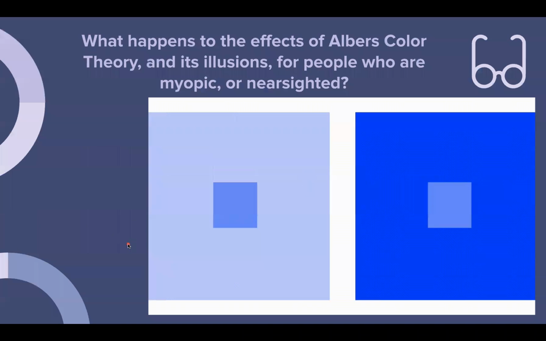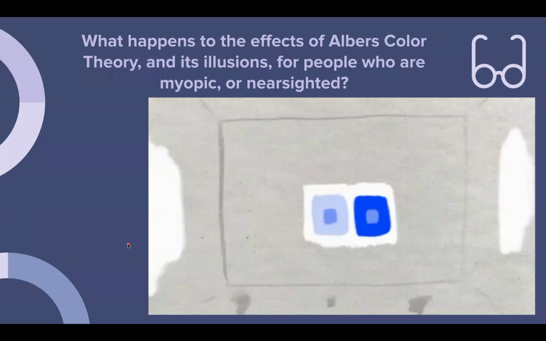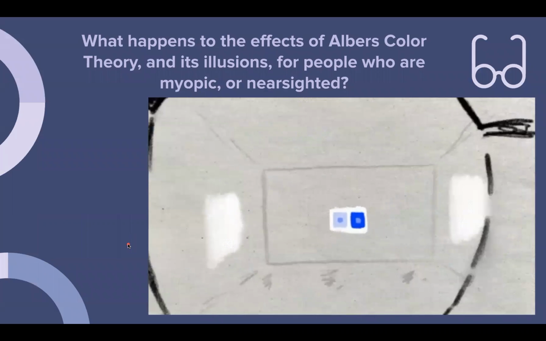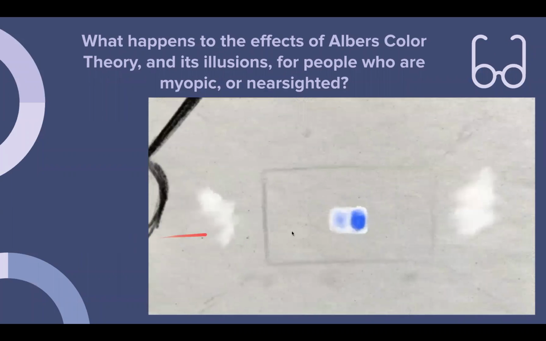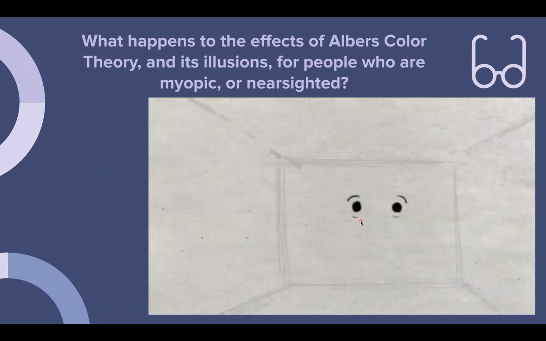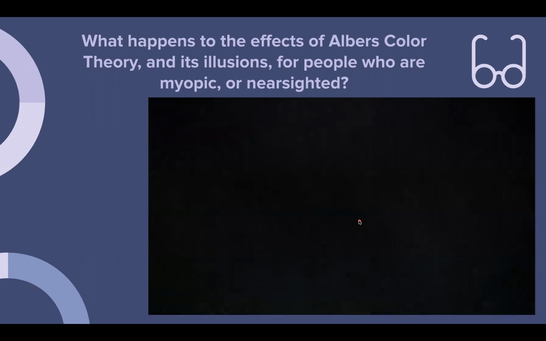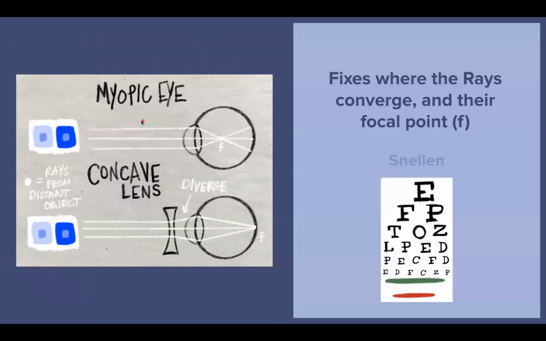And so what happens to the effects of Albers' color theory and its illusions for people who are myopic or nearsighted? That means that we are not receiving the same amount of information about the light that people who have 20/20 or perfect vision can see. So that is depicted with this chart of light rays.